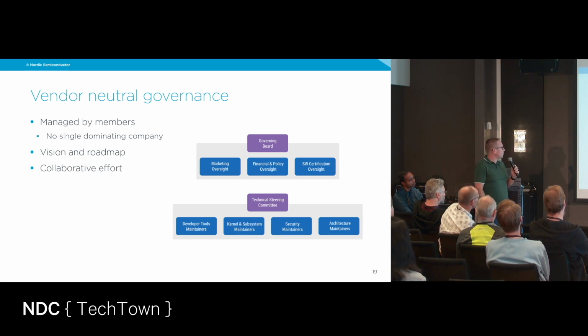So, vendor neutral governance. We have members. They pay a subscription and they have some commitment, and there's also a structure. There is a governing board and a technical steering committee, which is staffed by the member companies. There are no single dominating companies, as you can see. There are some really big ones, but none that is a lot bigger than the others. So you're on neutral ground here.